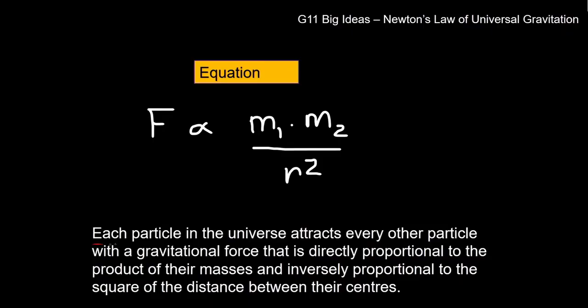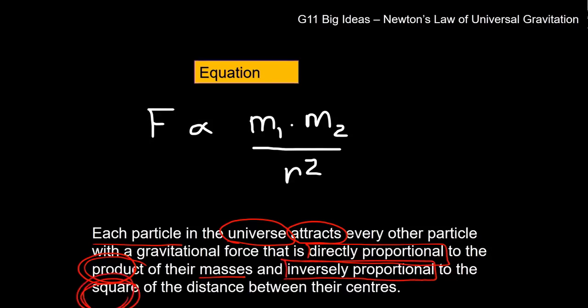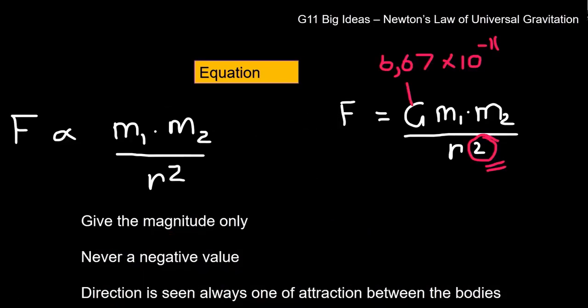So each particle in the universe, there we go, the universal gravitation, attracts. So we're talking about an attraction. Every other particle with a gravitational force that is directly proportional to the product of their masses and inversely proportional to the, wait for it, square of the distance between their centers. Very important that you get all those words in.